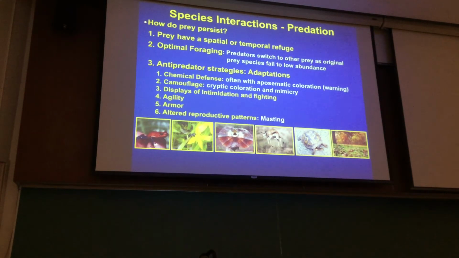Displays of intimidation and fighting. This is a real lizard. They're really cool. They're in Australia, they get about this big. When threatened, like in one of these horror movies like Jurassic Park, they flare the thing, they stand up real tall, they hiss, and they flare this big frill at you, and they shake it, and they look real intimidating.